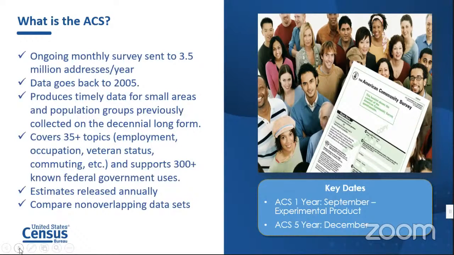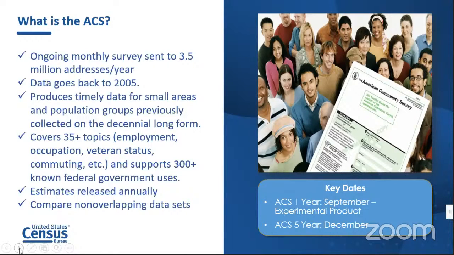It didn't have any relevancy. So we started out testing. We developed the ACS, which is an offshoot of the decennial census, and now it provides annual data sets for the characteristics of the United States.